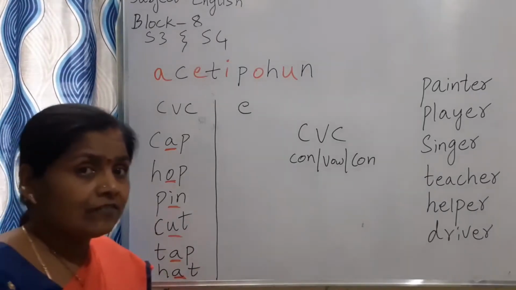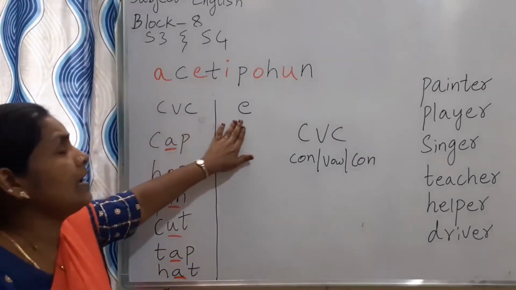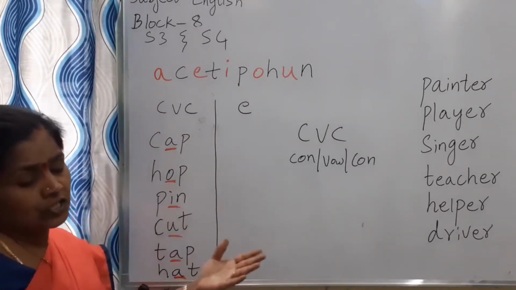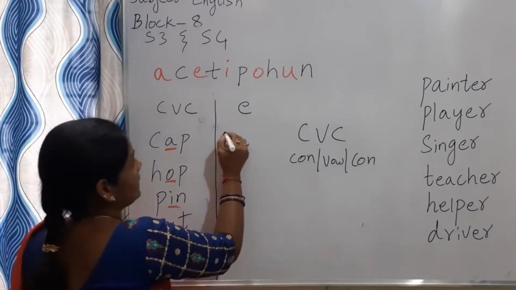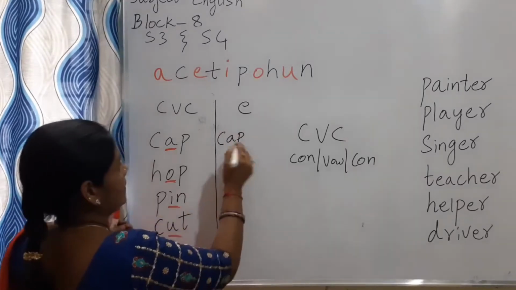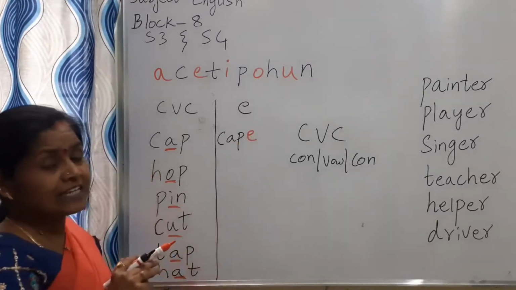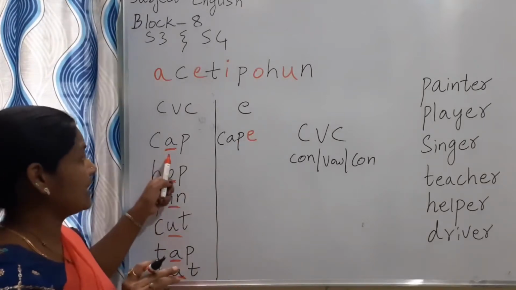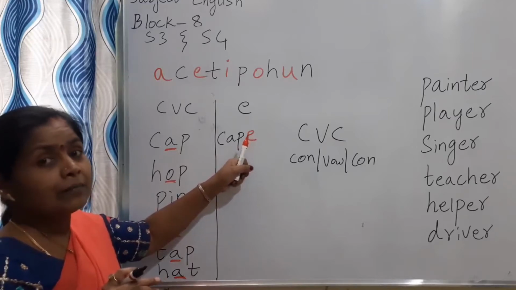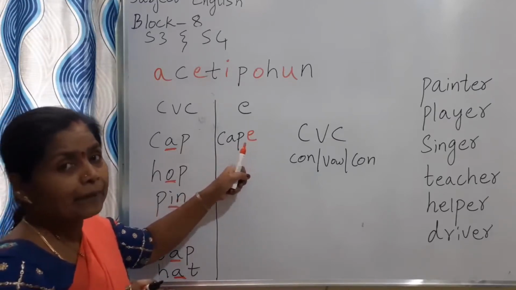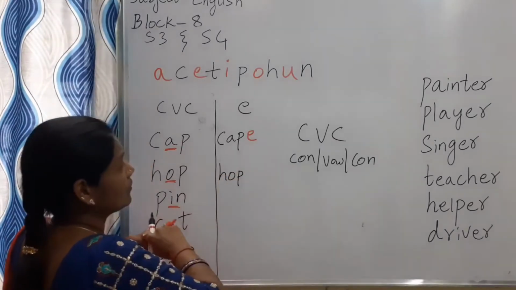Now let us see when I add E to this word, how the pronunciation and the spelling will change. Let me write CAPE. How is it changing? Here we are saying cap, whereas as soon as I add E to it, the pronunciation changes to cape. Next, HOP, hop. What are we adding?